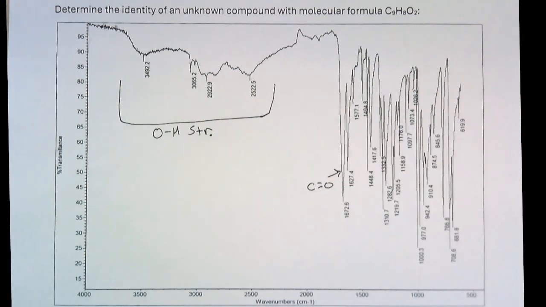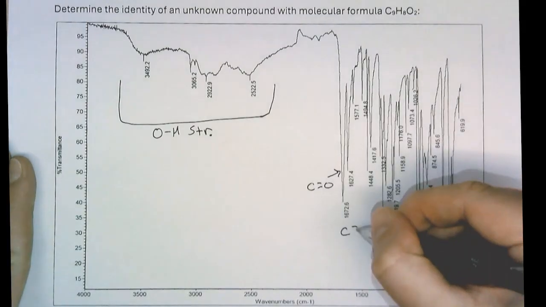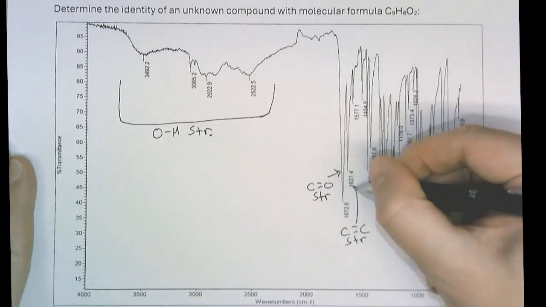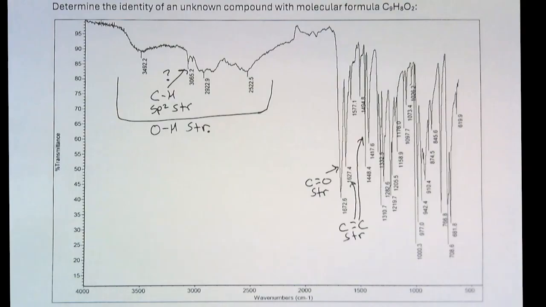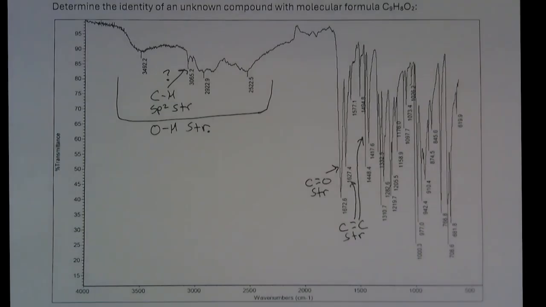In addition, there is a pair of signals corresponding to CC double bond stretch between 1650 and 1400 wave numbers, and a possible sp2 CH stretch signal poking through the OH stretch at 3065 wave numbers. This suggests the presence of alkenes and/or aromatics in the molecule.